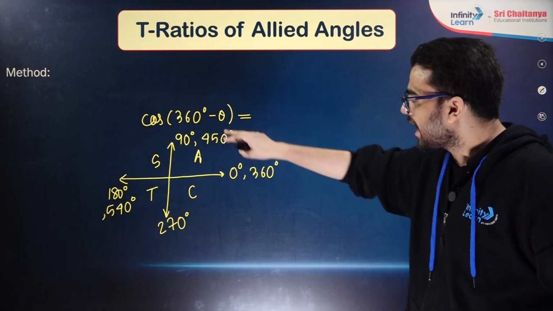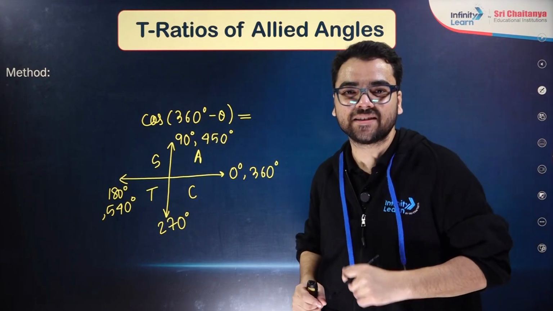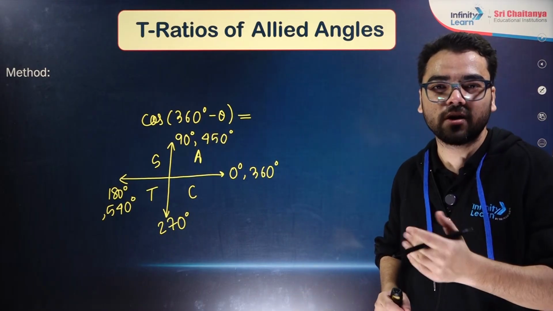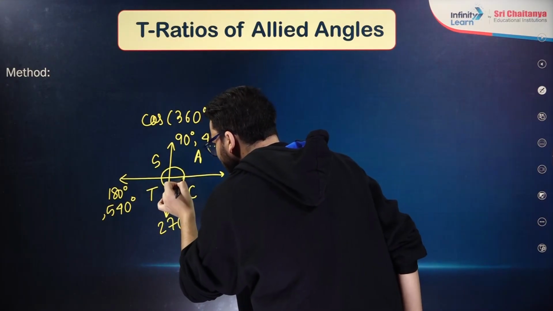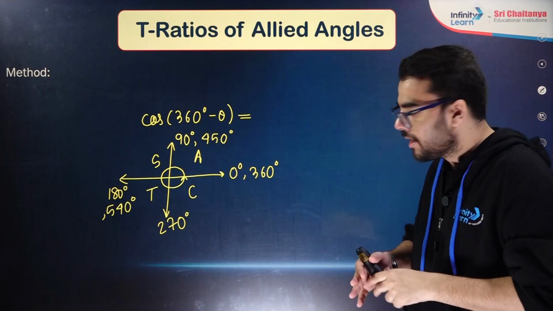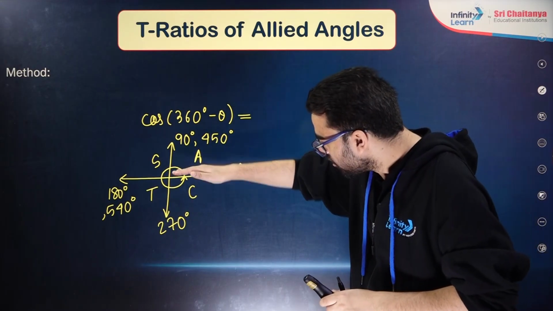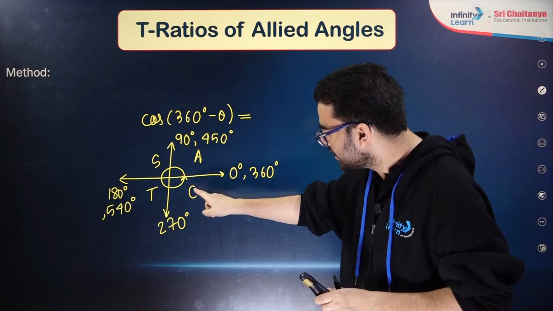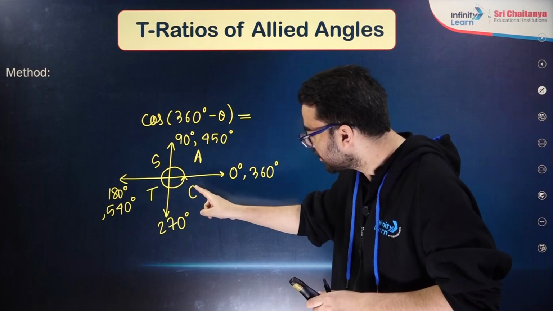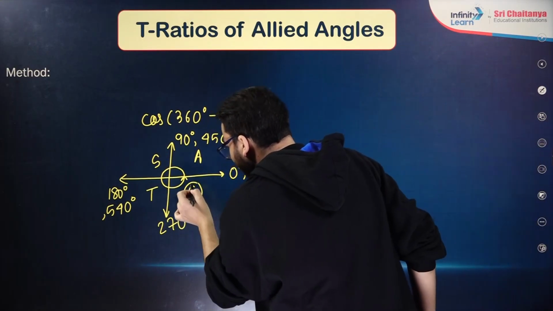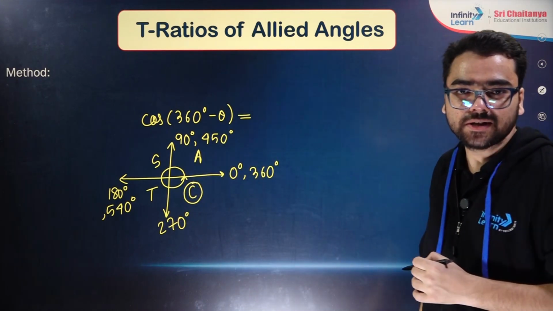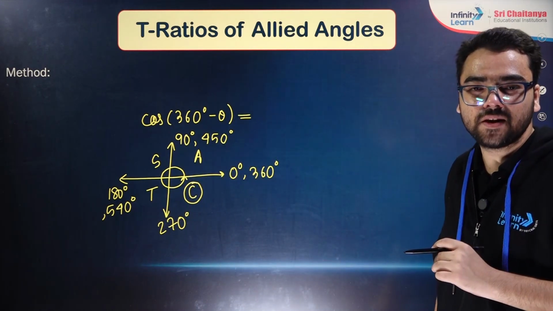Now you see the angle is 360 minus theta. 360 minus theta is in which quadrant, guys? If you make one complete revolution, that is 360 degrees, minus theta means you're over here. You're basically in the fourth quadrant: first, second, third, fourth. In the fourth quadrant, C for cos and its reciprocal sec will be positive and all other trigonometric ratios will be negative.